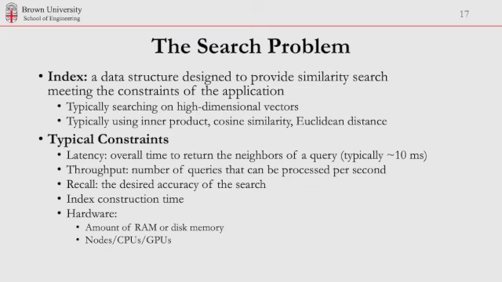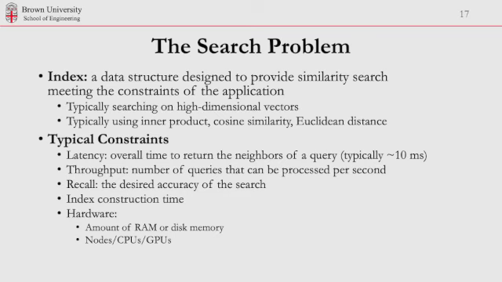Also, you have recall, which is the accuracy of your search. Obviously, 100% accuracy is best, but the data sets we're searching on are difficult. We can get an improvement in latency or throughput by allowing for a lower accuracy, a lower recall. For something like recommendation systems, maybe you don't need 100% recall. Maybe you're fine with giving the user the third best item instead of the first best.